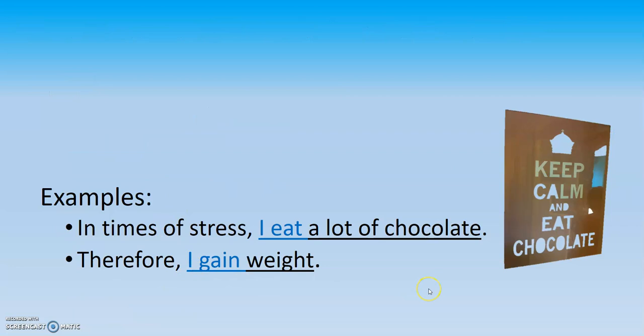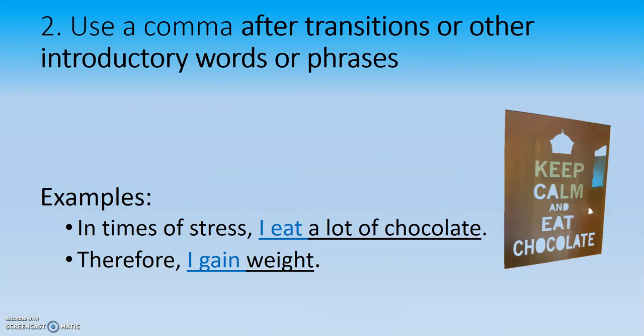Here's another time that you would use a comma. Let's look at these examples. In times of stress, I eat a lot of chocolate. Therefore, I gain weight. So you've seen these types of commas before. Here, the reason that we're using a comma is after a transition or some other introductory word or introductory phrase, and we're using that comma to separate it from the main independent clause, the main sentence.